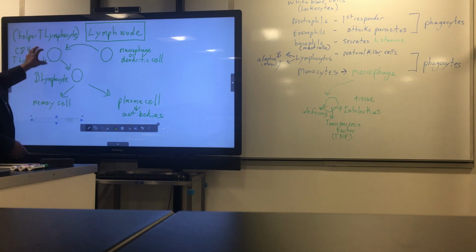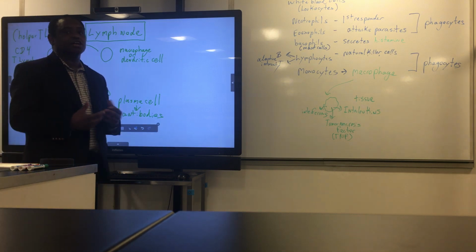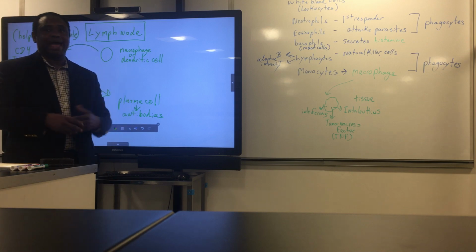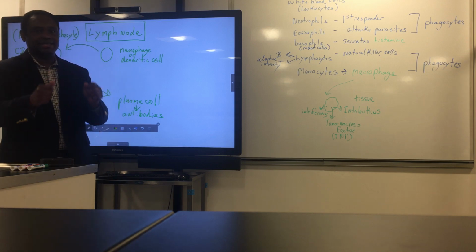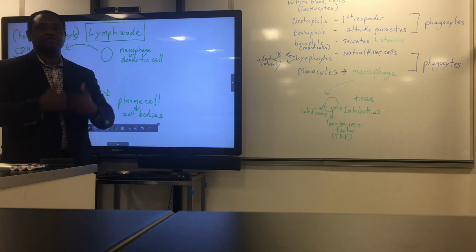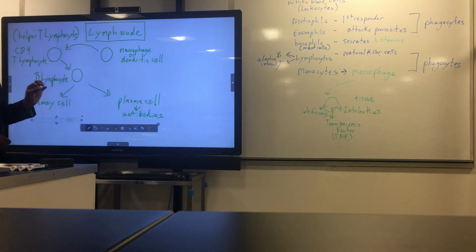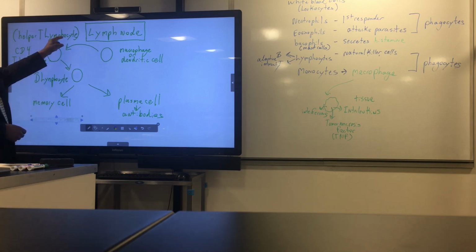Once this CD4 T lymphocyte becomes activated, he becomes in this process like a general in the military. Now, does the general go right up to an actual enemy and attack them? No. The general gives commands. So our CD4 T lymphocyte is a general. And when he becomes activated, he's going to give commands, just like a general. And now we call him a helper T lymphocyte.